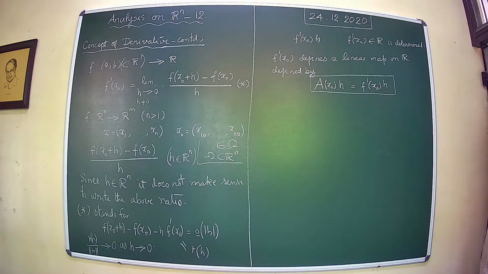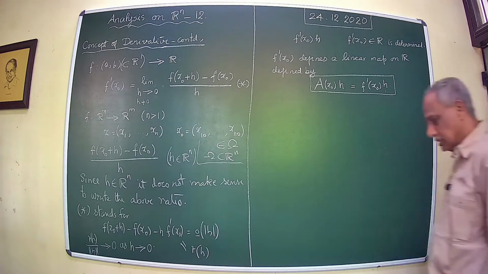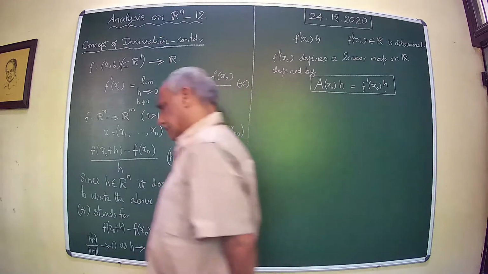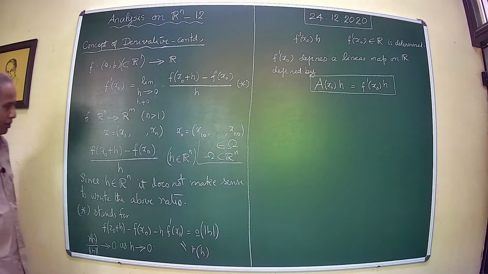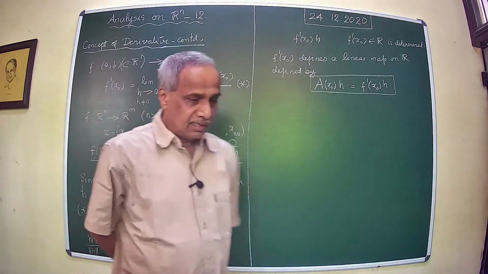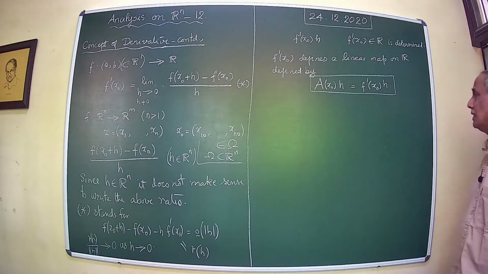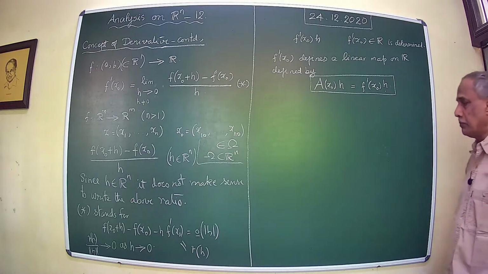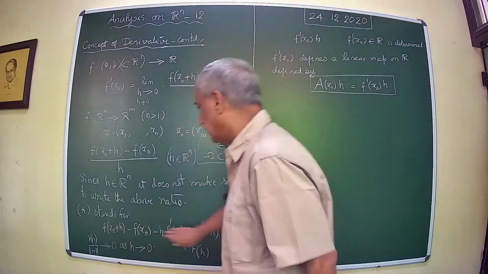Therefore, how do we push this idea across? Now you see that on Rn, linear transformations are defined. Therefore, if you can conceive f derivative of x naught as a linear transformation, then possibly we can push this part of the definition across.